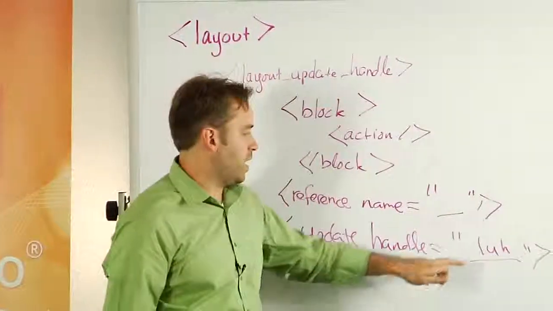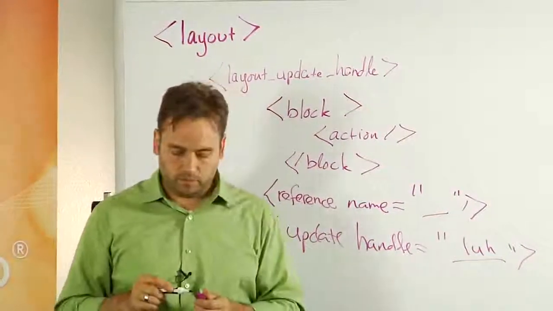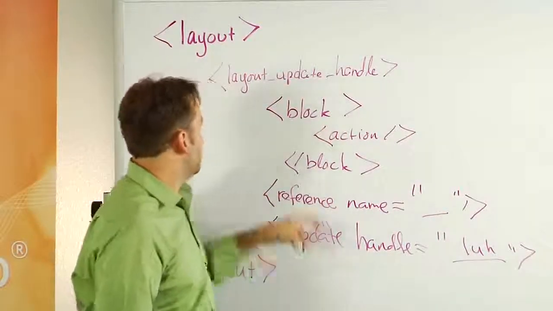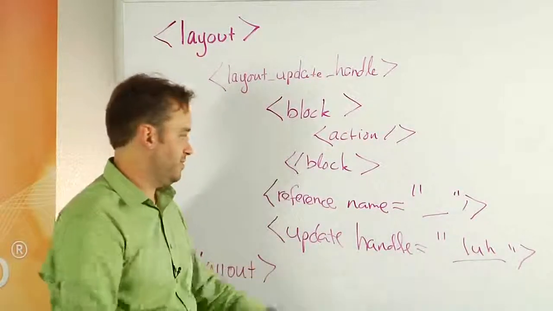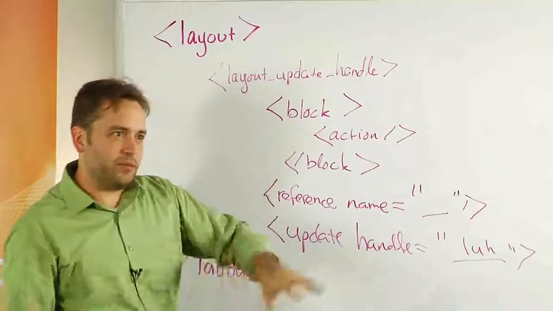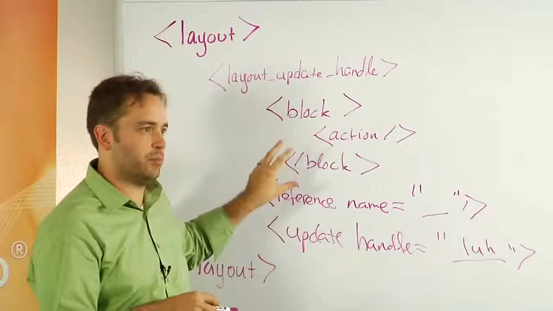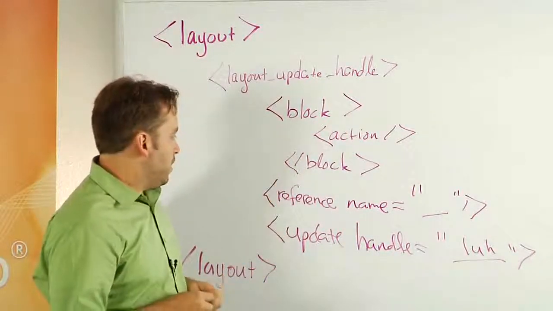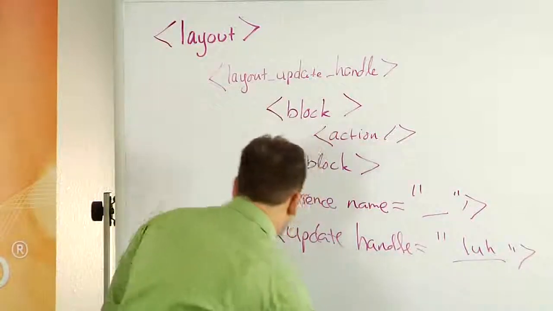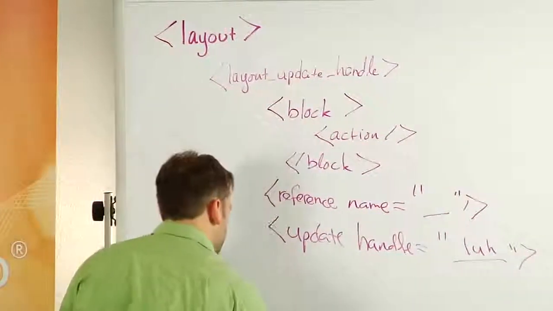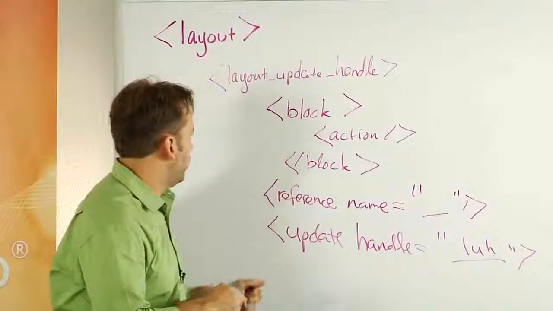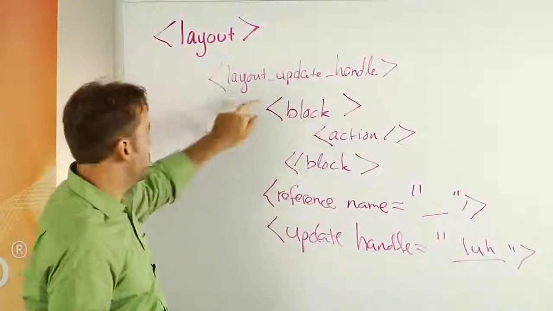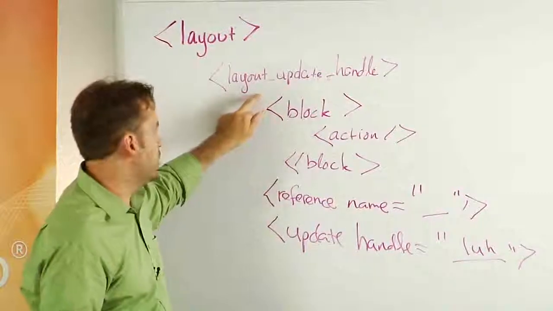So I can reference some other layout update handle, and basically that's just like an include. That's pretty cool. I'll be going over this some more. We'll be kind of getting practical with this. And then there's also the remove. Okay, remove will go directly under a layout update handle as well.